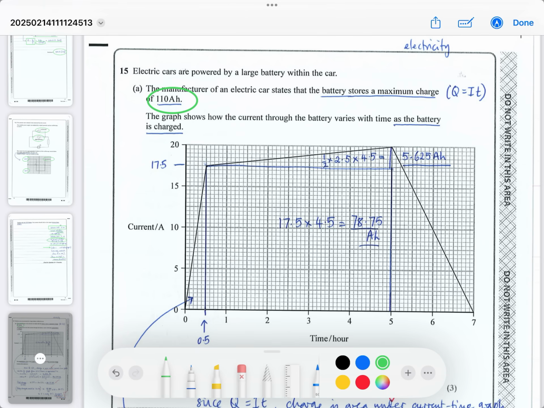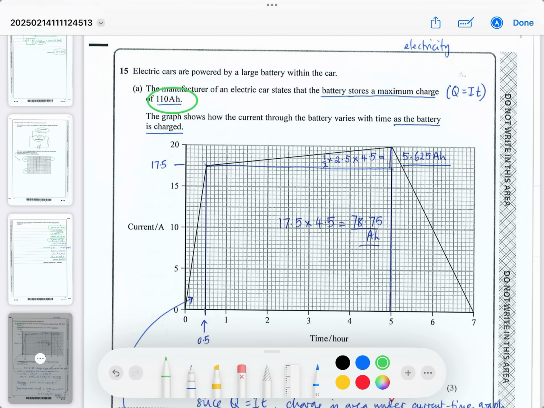Or it could give 110 amps for 1 hour. Or it can give 55 amps for 2 hours. Okay, that's how much charge it contains. So amp hour is an alternative unit of charge for larger quantities. The graph shows how the current through the battery varies with time as the battery is charged.